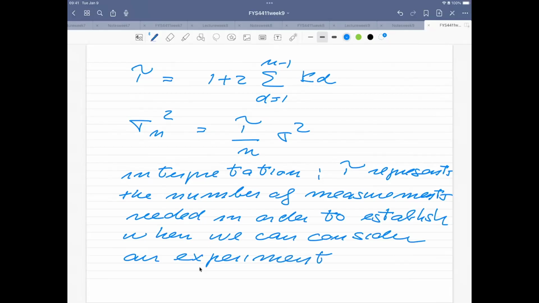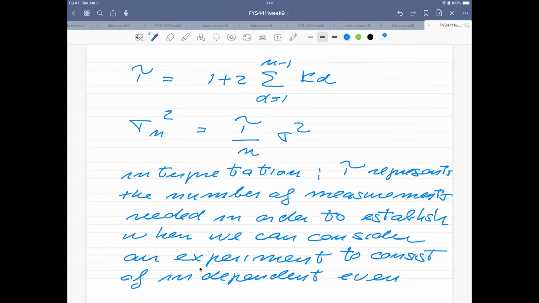So when I say experiment, in our case, it's a numerical experiment. We can consider an experiment to consist of independent variables or of independent quantities, statistically independent events.